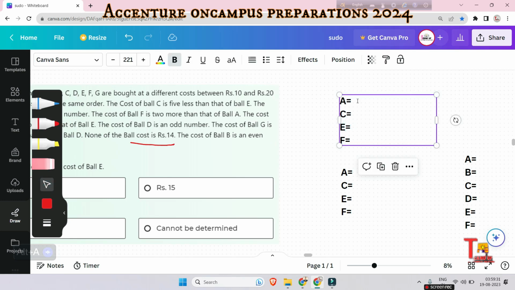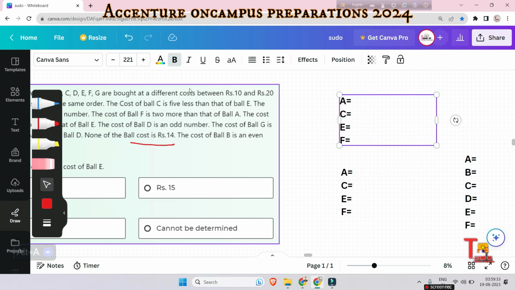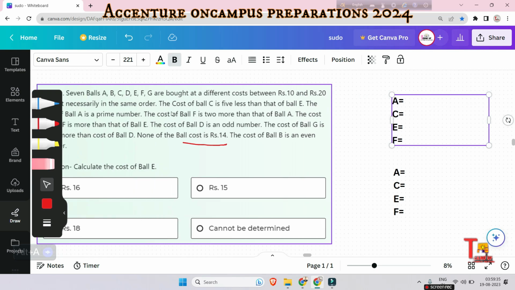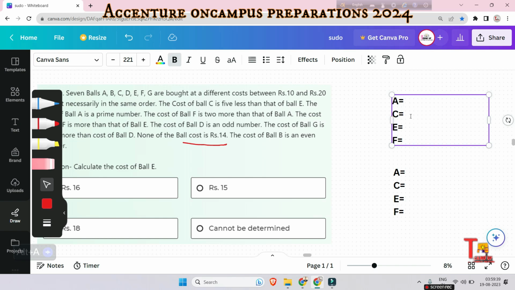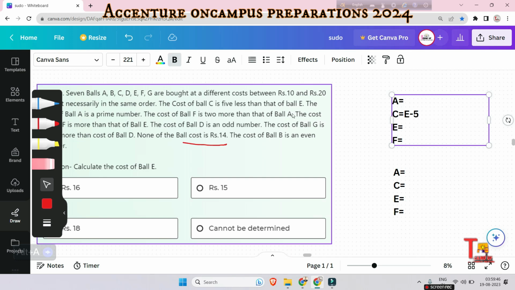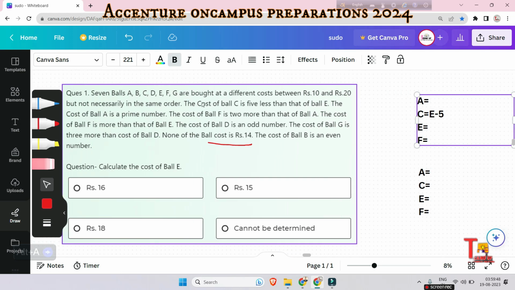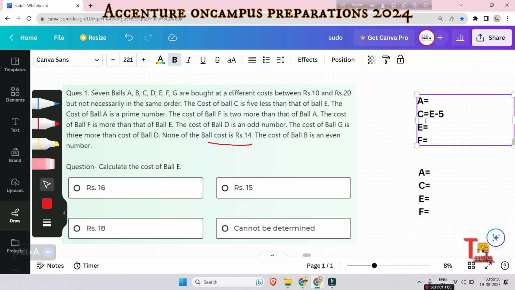At first it is told that the cost of ball C is 5 less than that of ball E. So that means C is equal to E minus 5. And then it is told that the cost of ball A is a prime number. That means 11, 13, 17 or 19.